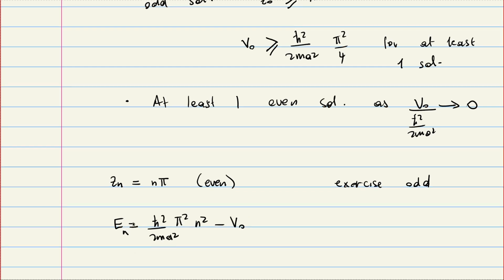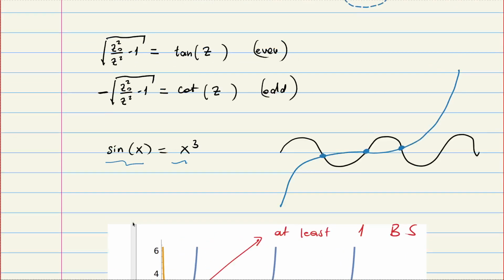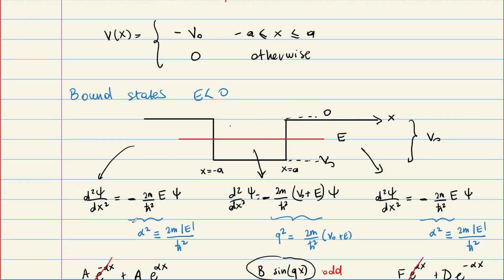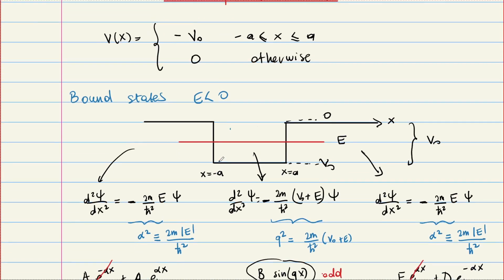And this makes sense, right? As the potential goes deeper and deeper, it should turn into an infinite potential, and we know what an infinite potential does. It has infinitely many states. That means you just start filling the states until you reach the rim of the well. After the rim of the well, you don't have any bound states.